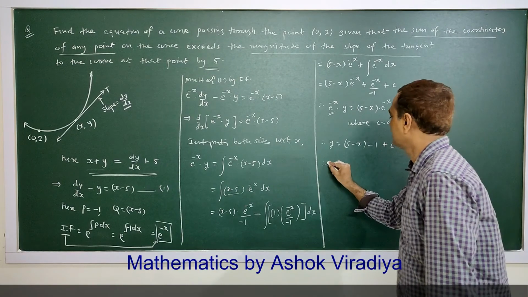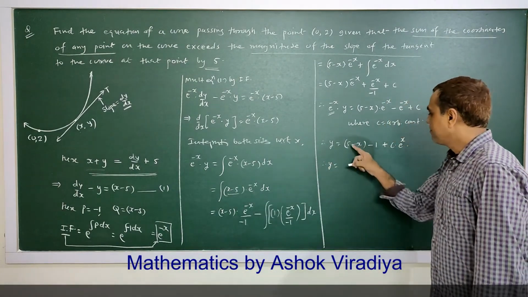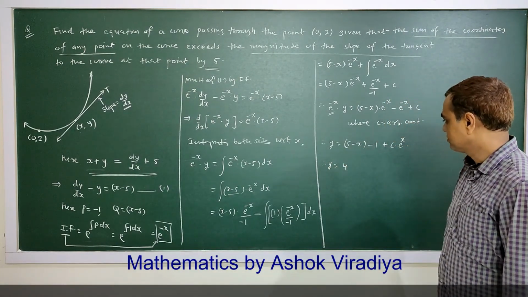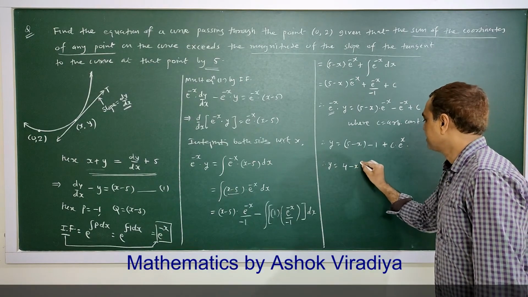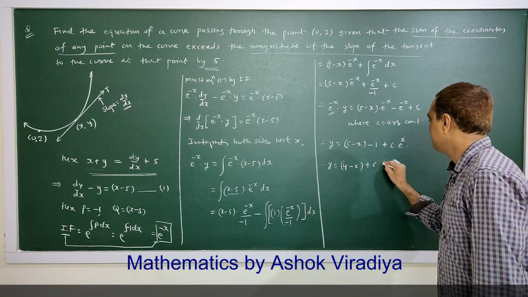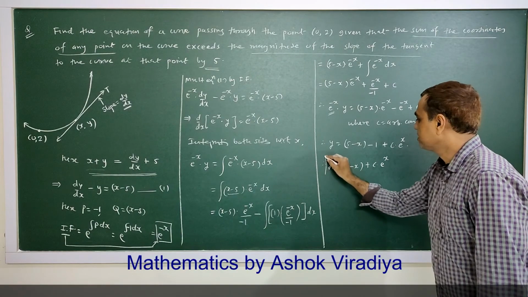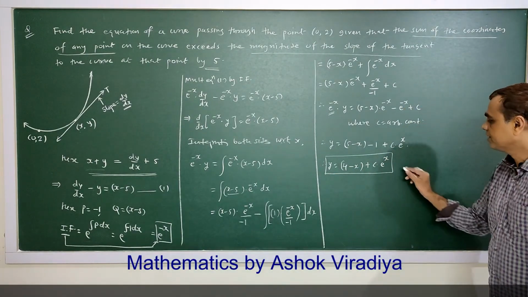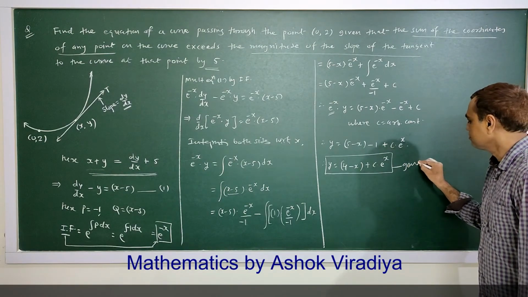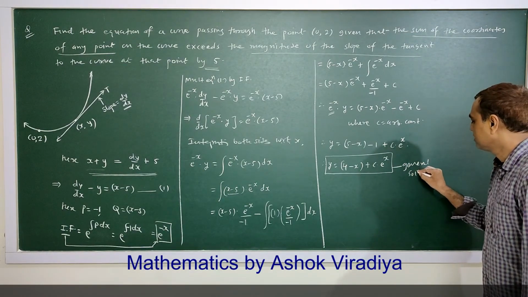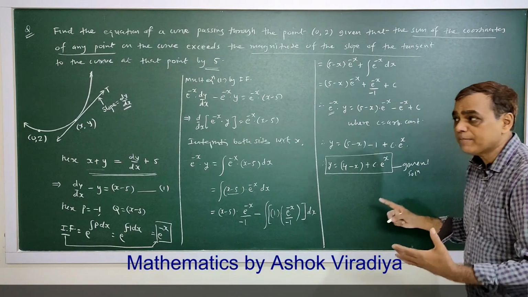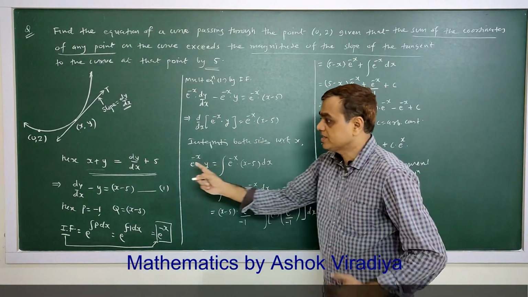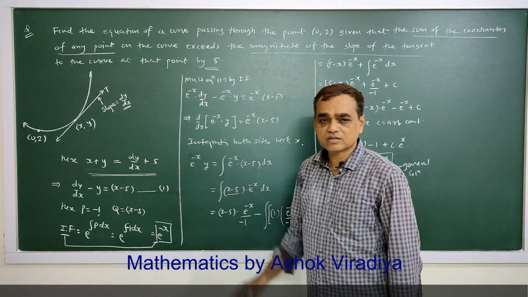That is y is equal to 5 minus 1 is 4, minus x keep as it is, plus c into e raised to x. So this is the general solution. It is the general solution. It represents family of curves satisfying this condition.